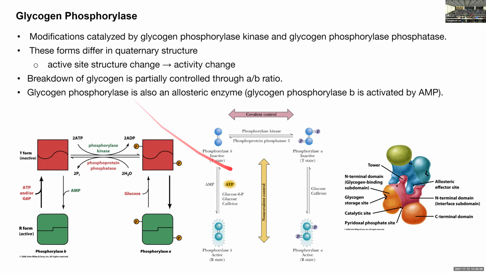Yes, so here, it inactivates it. AMP will activate the glycogen phosphorylase. And here it says ATP, or glucose 6-phosphate, or glucose, or caffeine, will inactivate this phosphorylase.